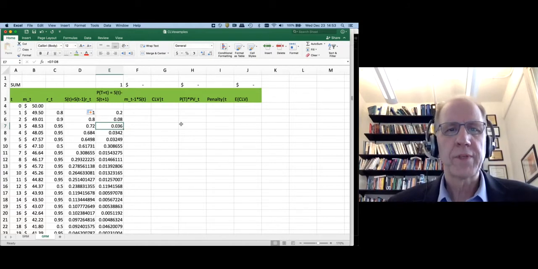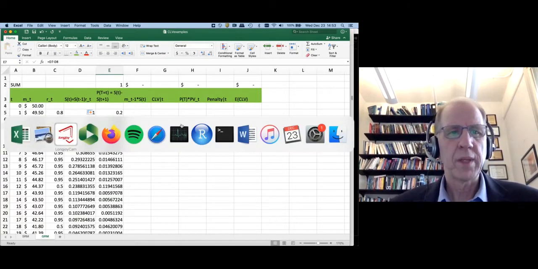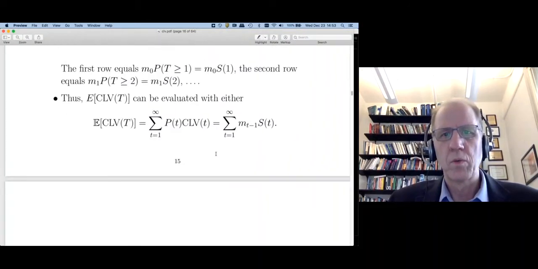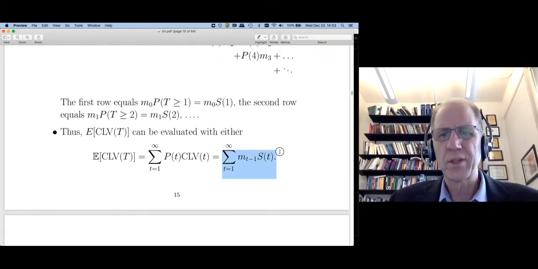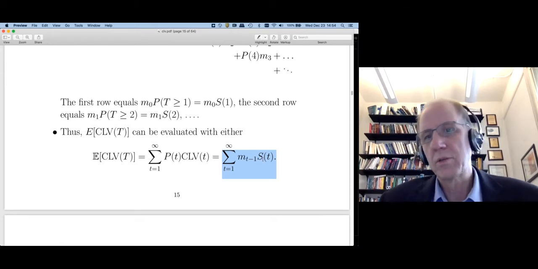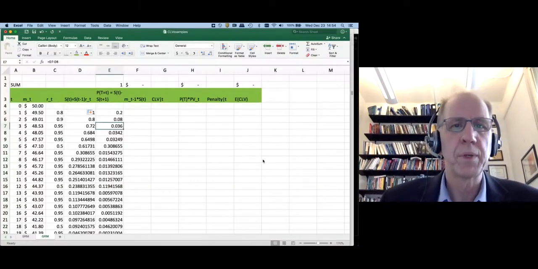Let's now compute lifetime value. And what I'd like for you to remember is that we had 2 ways of doing this. So one approach, call this the shortcut approach, is we just take whatever payment that I had in the previous period times the chance that you've survived up until that period.